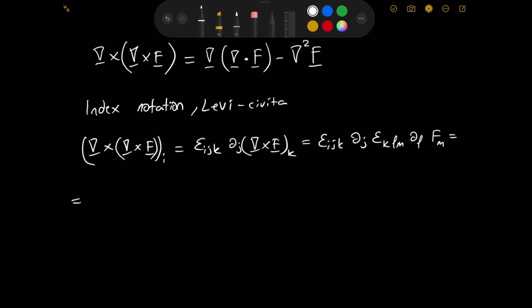Here we will use a very important relation between Levi-Civita and Kronecker delta. So epsilon ijk epsilon klm turns out to equal Kronecker delta il times delta jm, minus Kronecker delta im times delta jl.